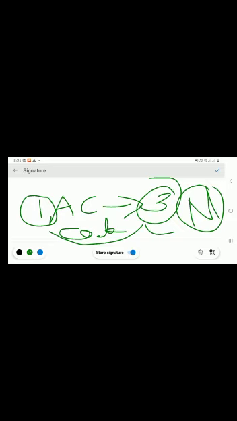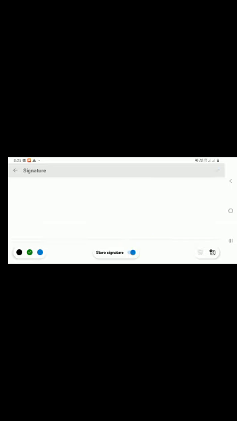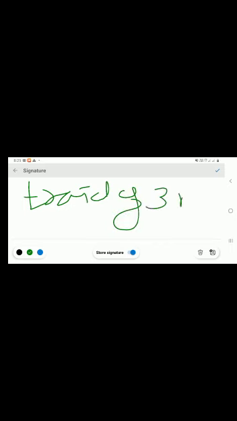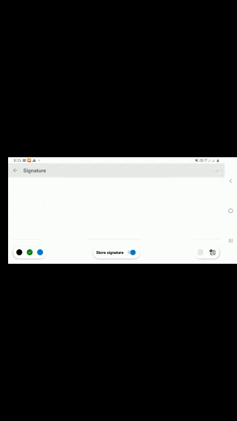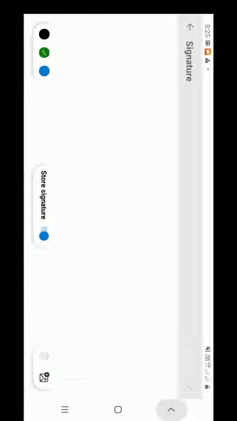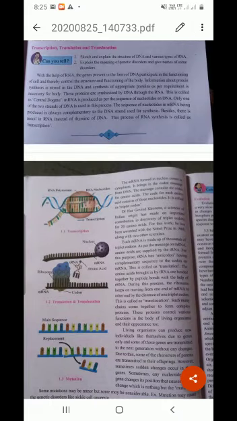Due to this, the triad of 3 nucleotides is called a triplet codon.